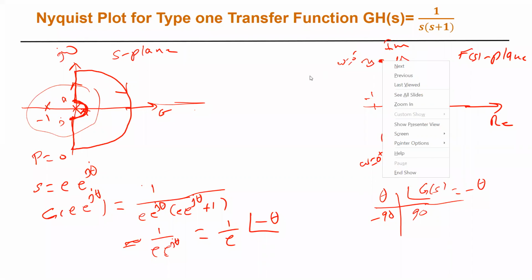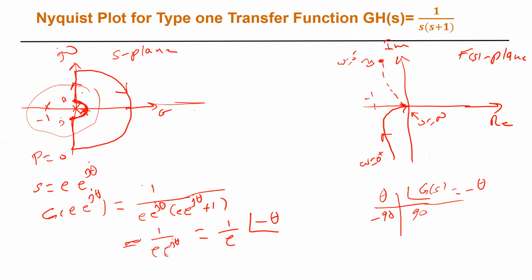Doctor, now s equals rho multiplied by e to the power j theta, right? Yes. But why did we substitute for s? It is supposed to be just j omega. Why did we substitute with rho e to the power j theta? This is Euler. As I said, this is the equation of a circle, and I would like to avoid going through the singularity.